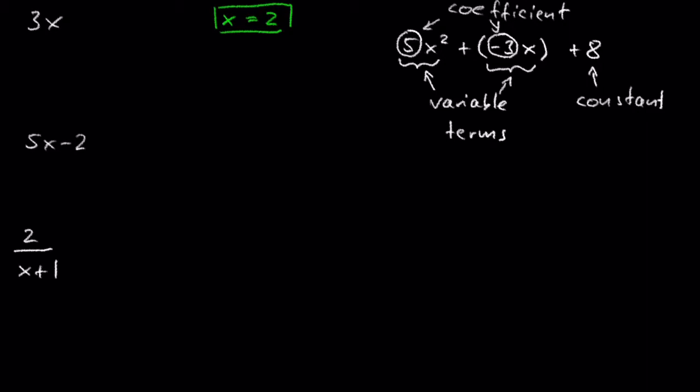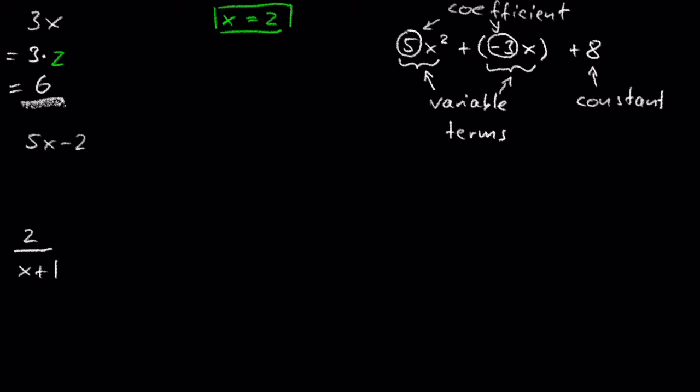Let's start with 3x and substitute 2 in the spot where x is. 3x is equal to 3 times 2 is equal to 6. That's the process of evaluating a variable expression. So, to put it simply, replace the variable x with a number and solve.